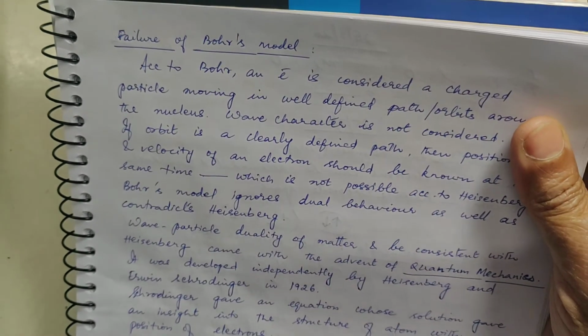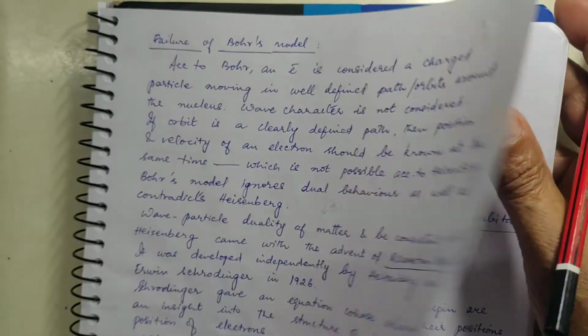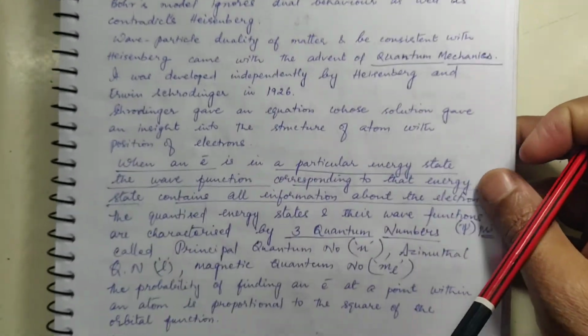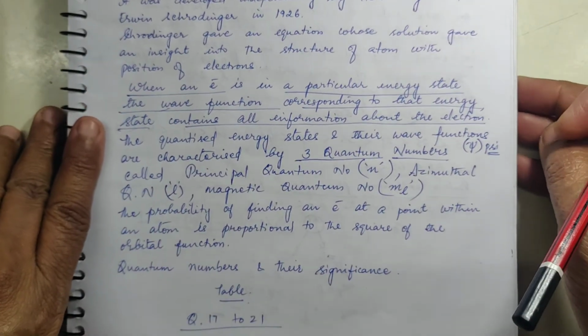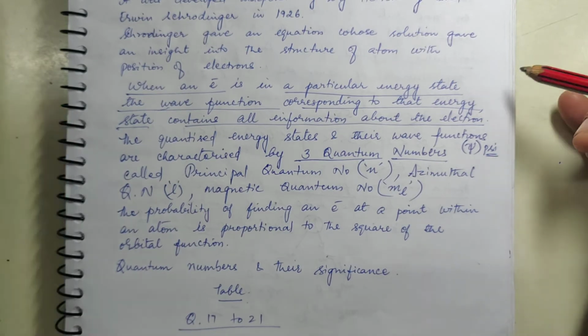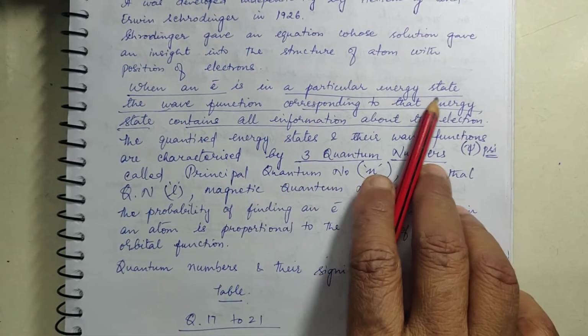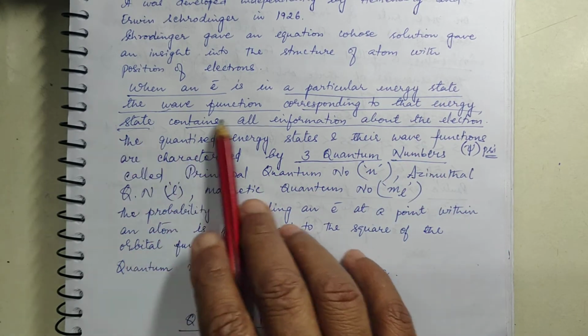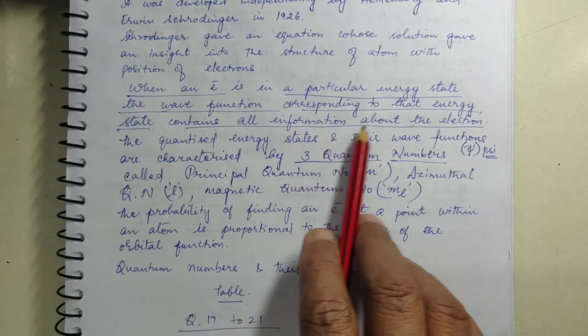Okay, then now we'll have to go to quantum numbers. Now, what are these quantum numbers? When an electron is in a particular energy state, the wave function corresponding to that energy state contains all information about the electron.